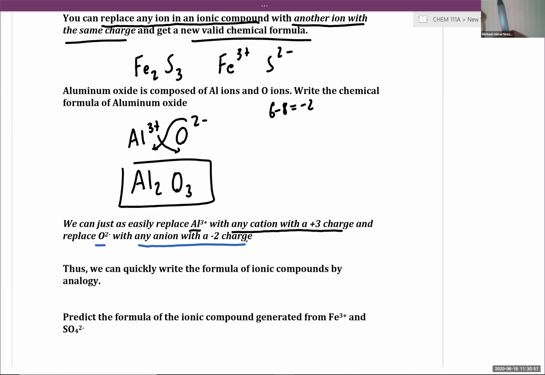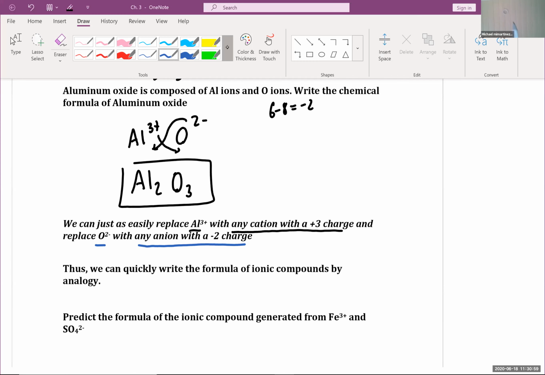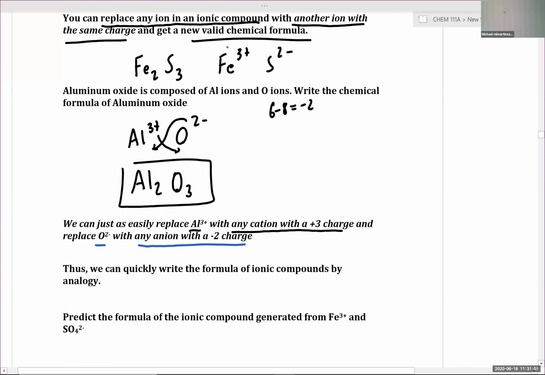So this is often how people can write the formulas of ionic compounds very quickly. They're using analogy. They've already gone through this process of writing the chemical formula for one type of ionic compound, and because the charges are identical, when you show them another ionic compound with the same charges, it's a pretty fast process.